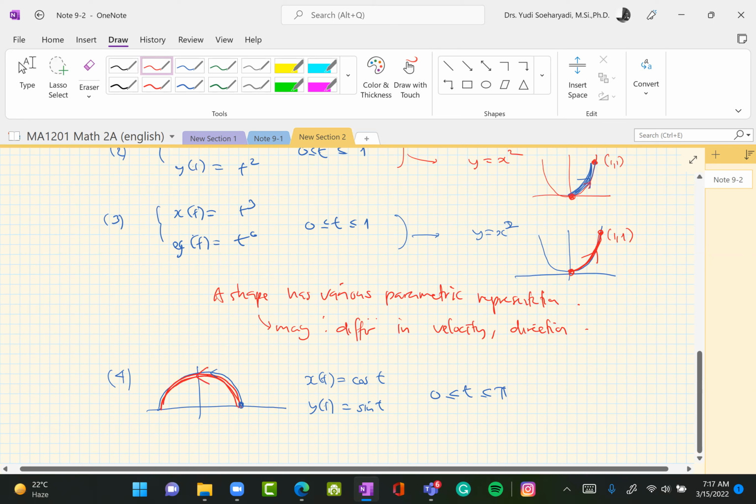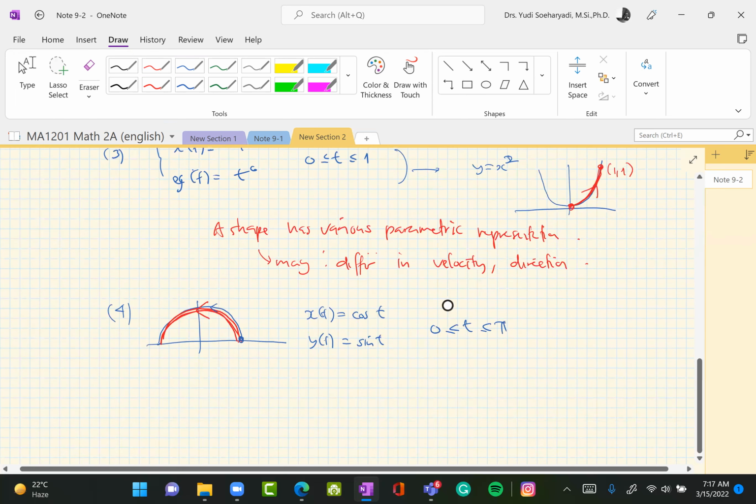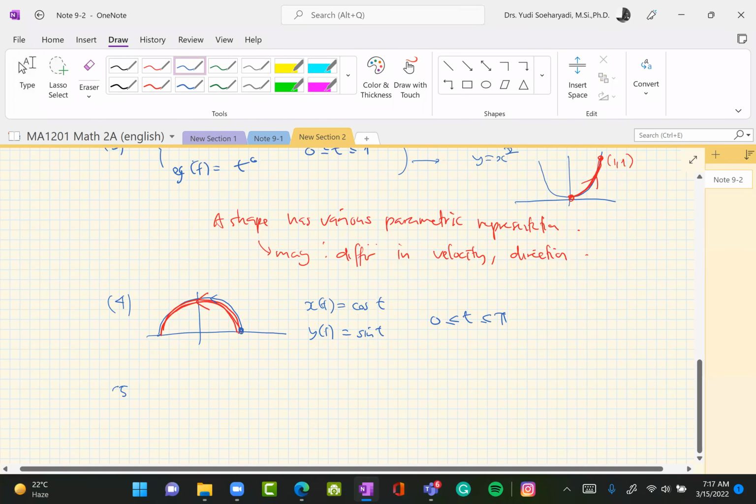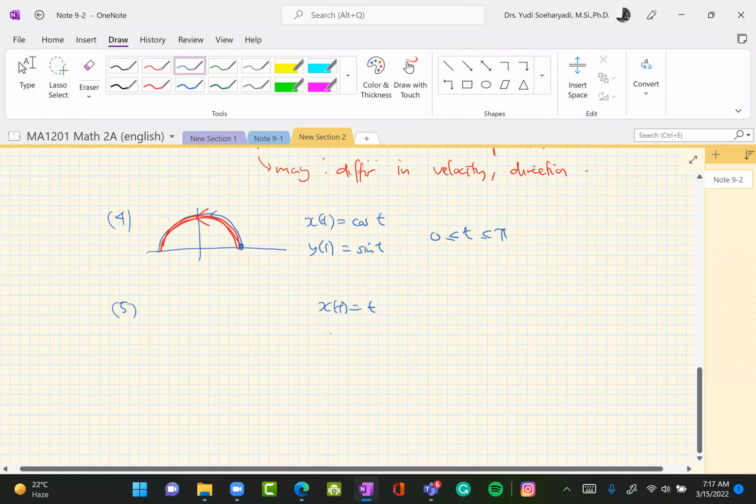But also you can have this, for example, and then y is the square root of 1 minus t squared.